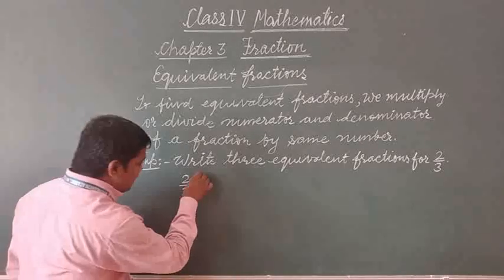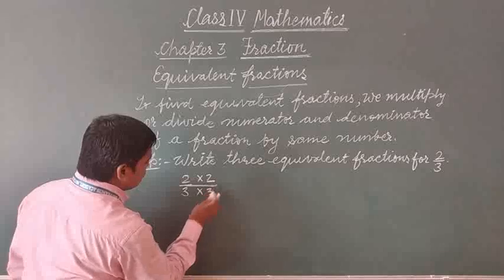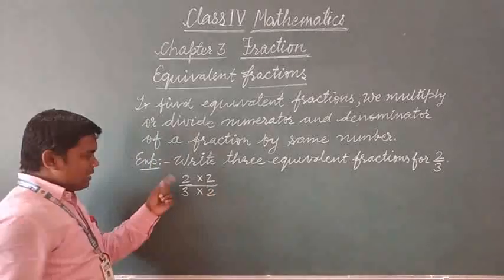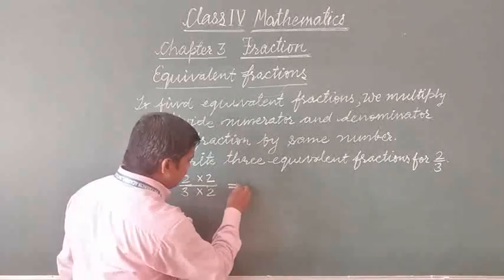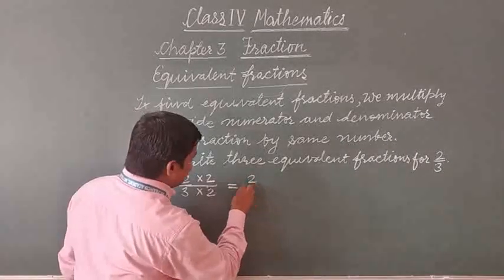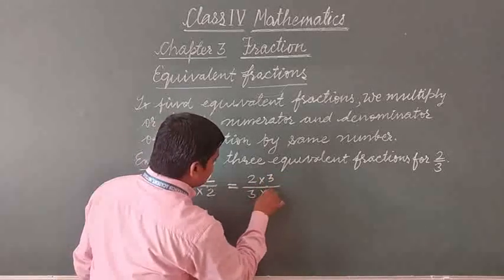We multiply the numerator and denominator by the same number. Means I am multiplying numerator by 2 and denominator by 2, then this is equal to 4 by 6. Again we take 3.